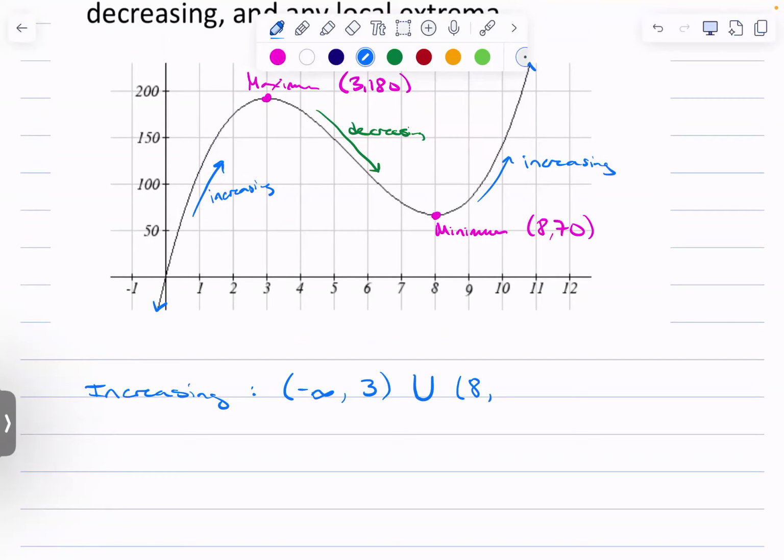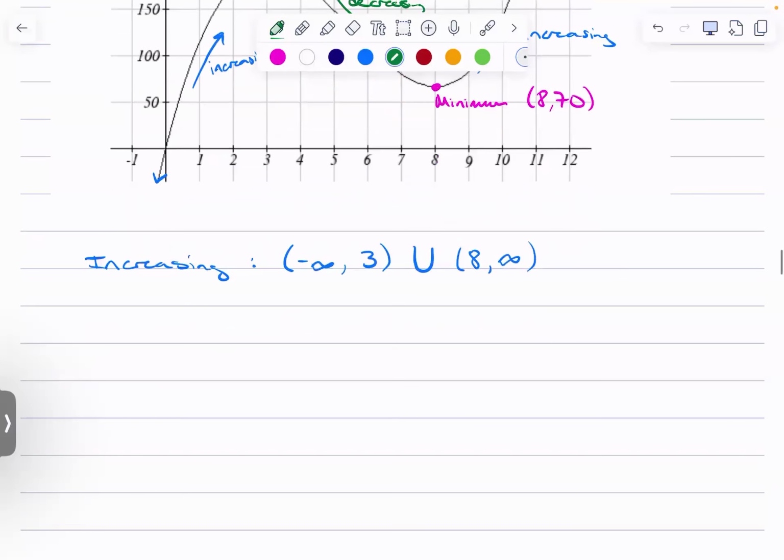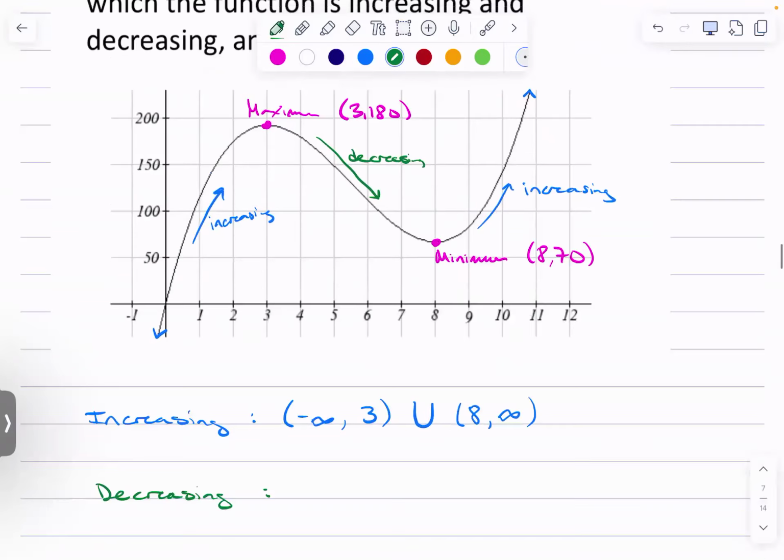From 8 to positive infinity. Where's it decreasing? It's decreasing on the interval from 3 to 8, not including those 2 points.